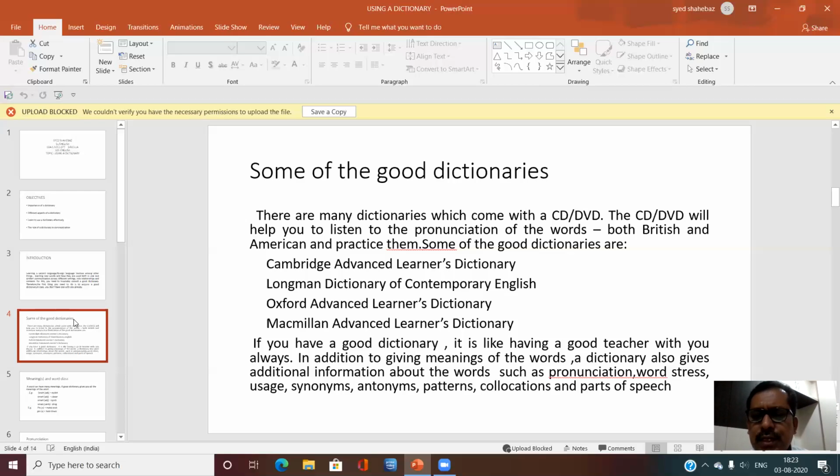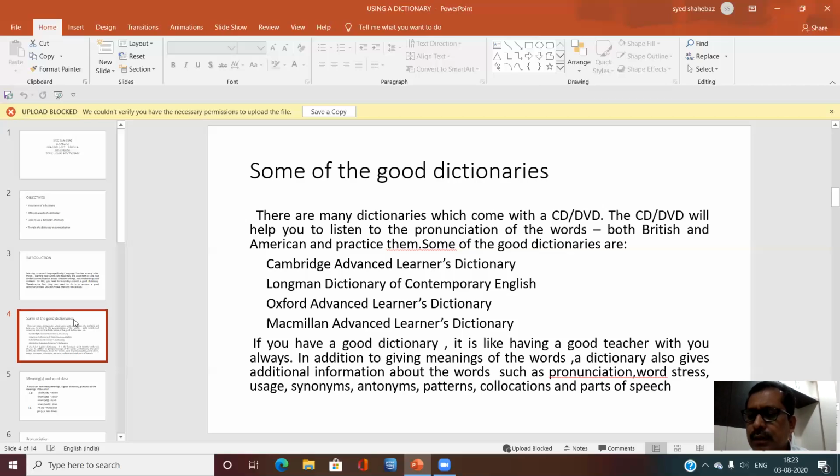If you have a good dictionary, it is like having a good teacher with you always. It's a beautiful sentence. A teacher cannot be with you all the time to clear your doubts. You will have an English period four times in a week, and that's all.